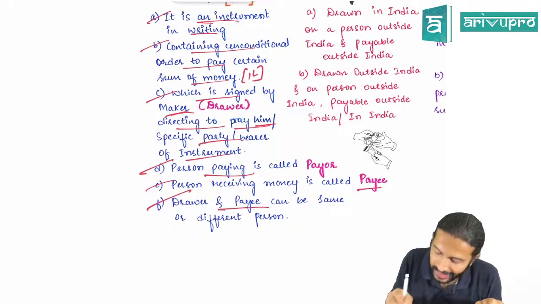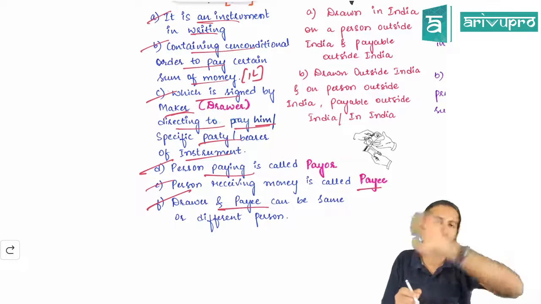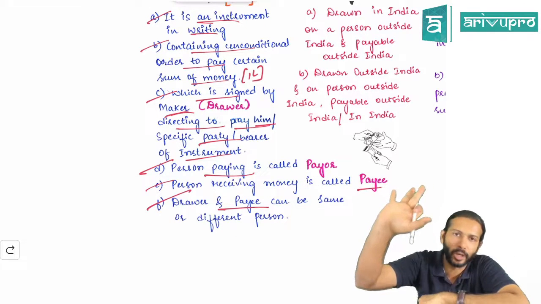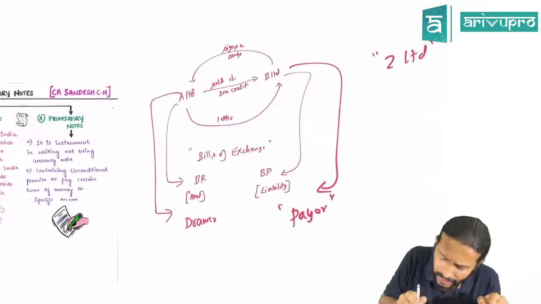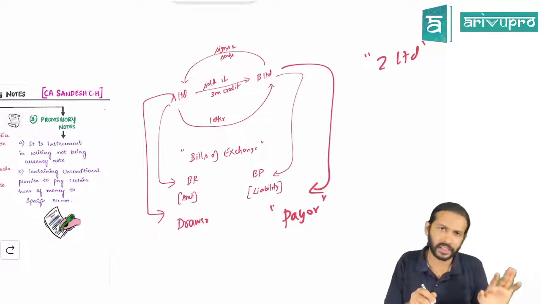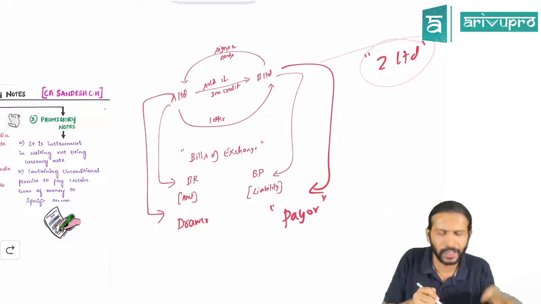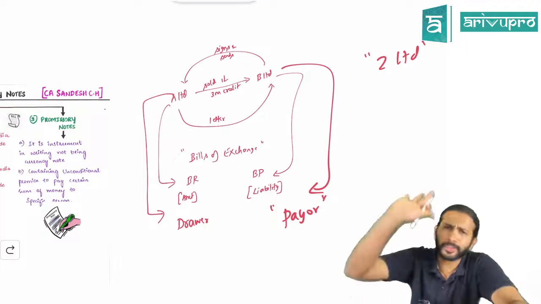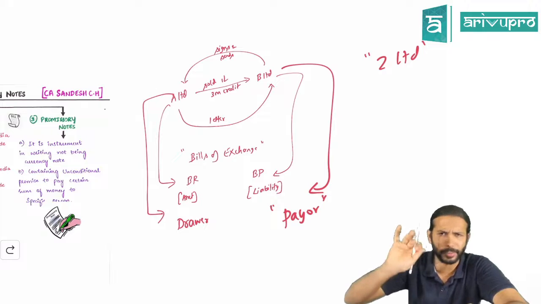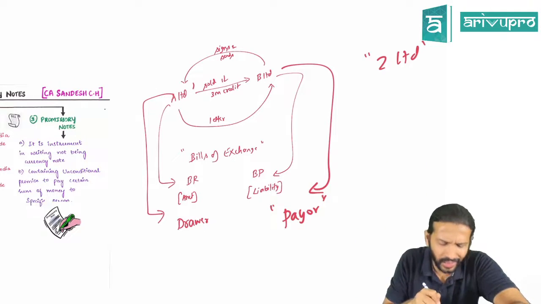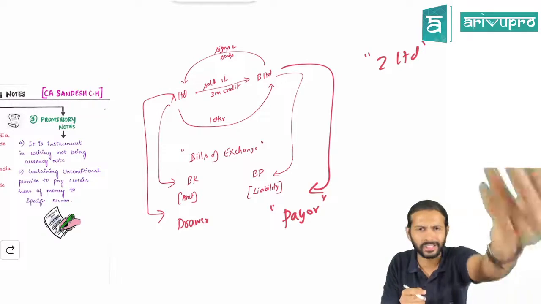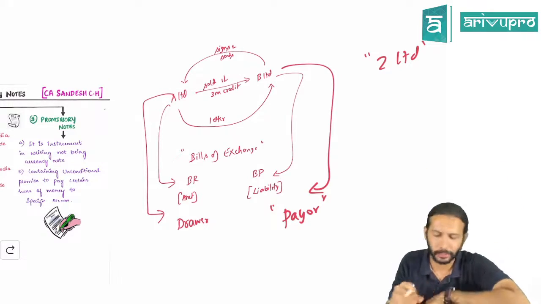The drawer and the payee can be the same or a different person, because whoever is holding the bill will get the money. If A Limited is holding the bill, A Limited will get the money. If Z Limited is holding the bill, he will get the money. It's like a currency note, simple. So the payee and the drawer could be the same person or a different person.